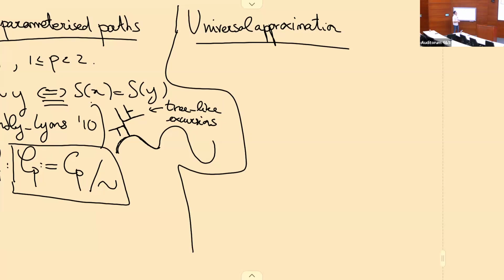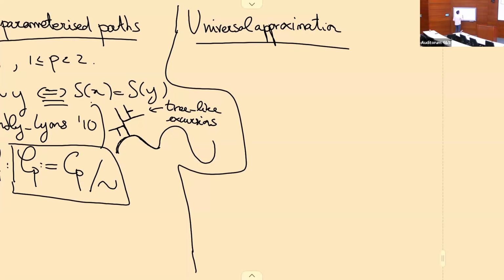Here is another type of universal approximation where the functions of interest are functions on paths. Okay, so functions on time series, if you're more practically minded. Right. So the statement goes as follows.